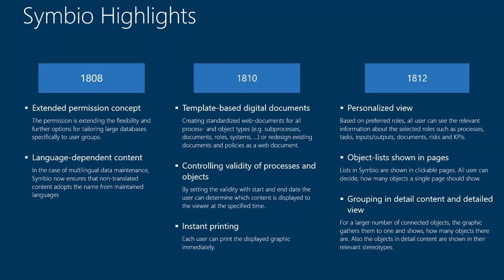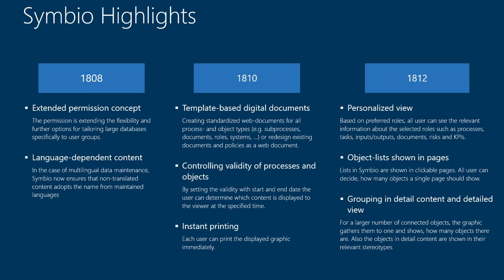Afterwards, I give you also two use cases about the validity of processes, and also I will show you the instant printing, which is quite nice. Then we have in 1812, which is not communicated now, but will be communicated in the next week.